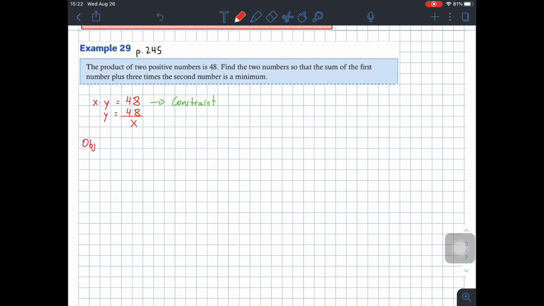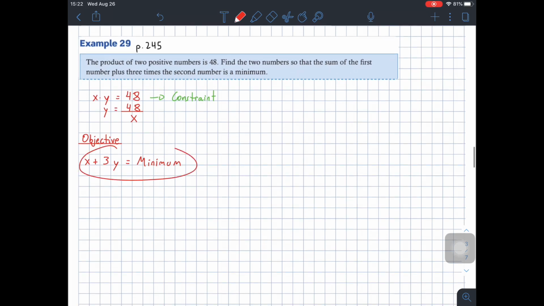My objective is to minimize the sum of the first number, which is x, plus 3 times the second number, which is y. So if I write this into an equation, I'm going to say that x plus 3y must be a minimum, right? I want to minimize this sum.